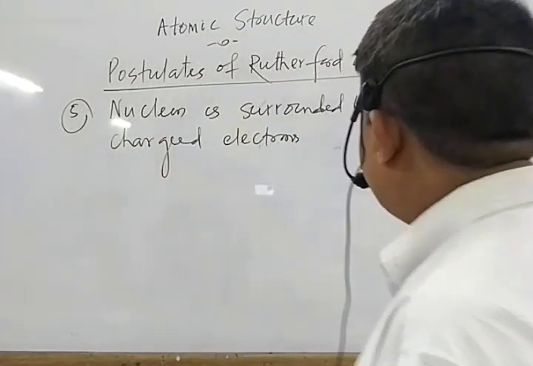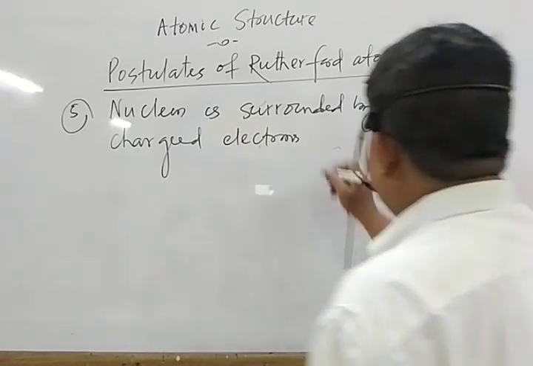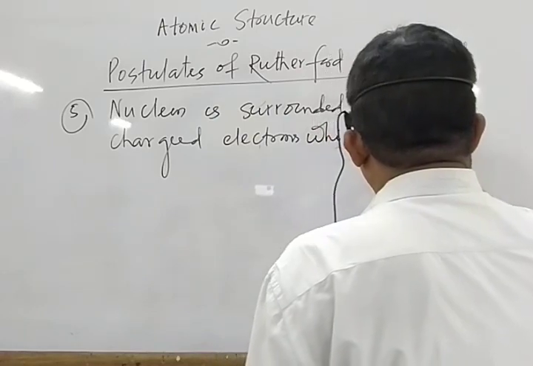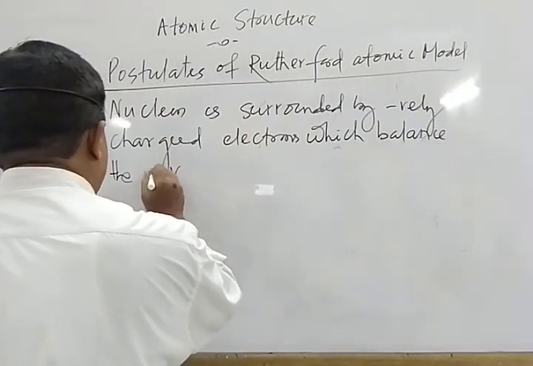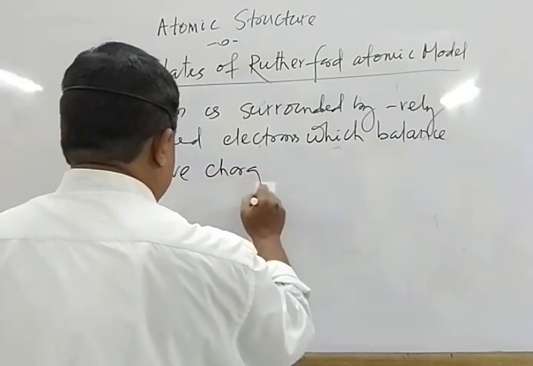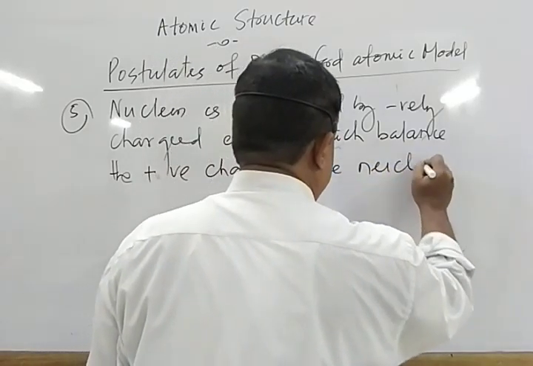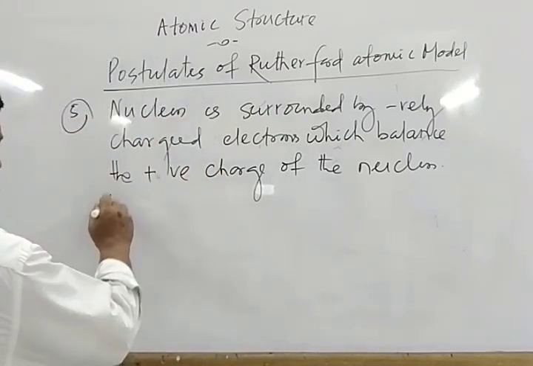Next one is nucleus is surrounded by negatively charged electron which balance the positive charge of the nucleus. That is the positive charge of the proton present in the nucleus.